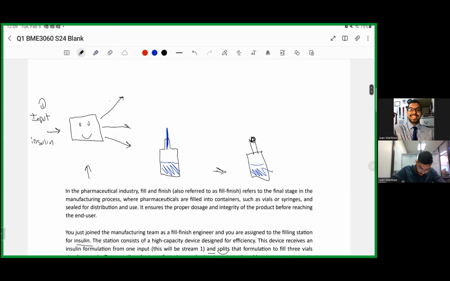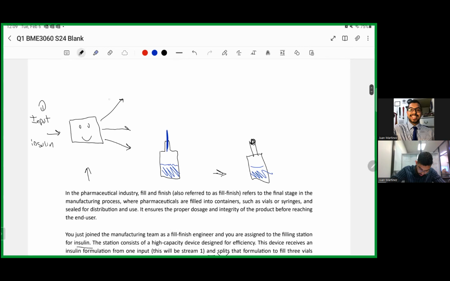So we have these three streams, stream 2, 3, and 4, and whatever mass 1 is going to be equal to mass 2 plus mass 3 plus mass 4. Because that's a conservation of mass.